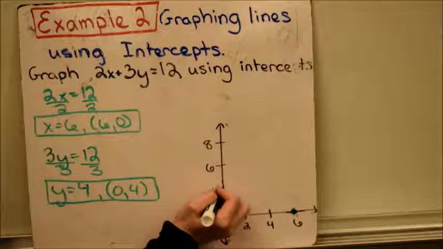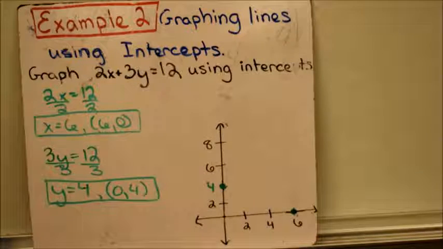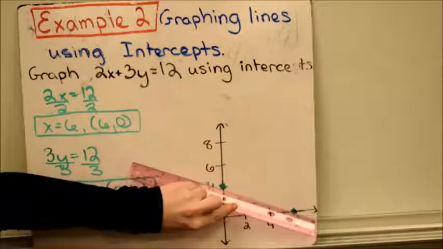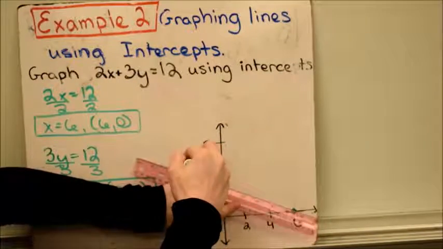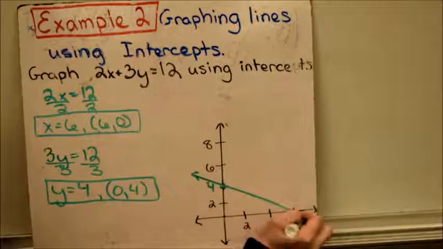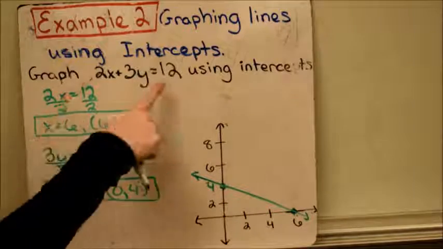So x is 0, we'll go up here to 4. Now that we have 2 points on our line, we can connect them using a line. I'm going to use my straight edge because you guys know that I am terrible at drawing lines. There we go. And that is our line that represents this equation.